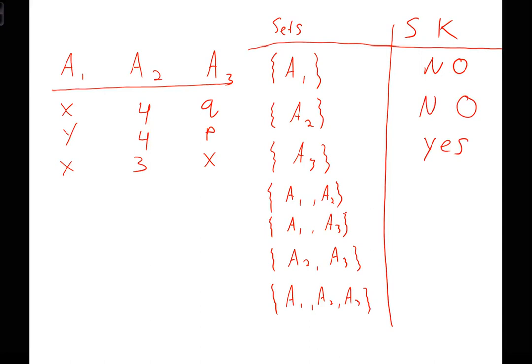So we're looking at now the tuples here of the two columns combined. So yes, even though each of those columns has duplicates within itself, the tuples, there are no duplicate tuples. We have x4, y4, and x3. So yes, it is a superkey.